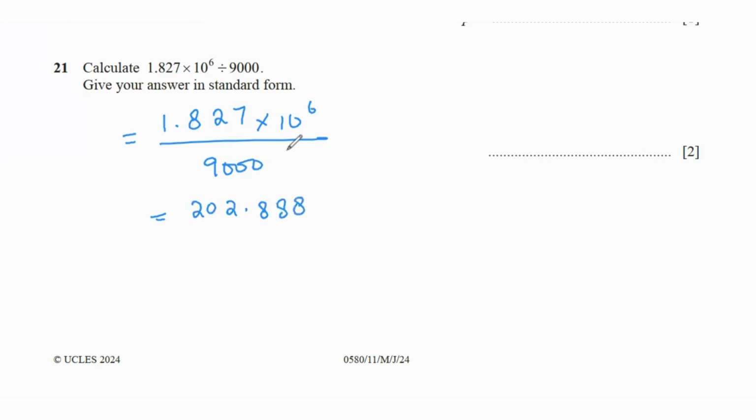It's a recurring decimal, so I'm just using 3 decimal places right now. Since we have to give the answer in standard form, I'm going to move the decimal 2 places to the left. That's going to give us 2.03, I'm rounding this, times 10 to the power of 2. Why 10 to the power of 2? Because you moved it 2 places to the left-hand side.